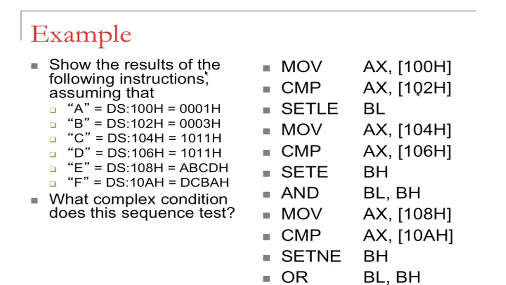DS:102H has the value of variable B. So this comparison instruction will do variable A minus variable B, because the comparison instruction subtracts source from destination.